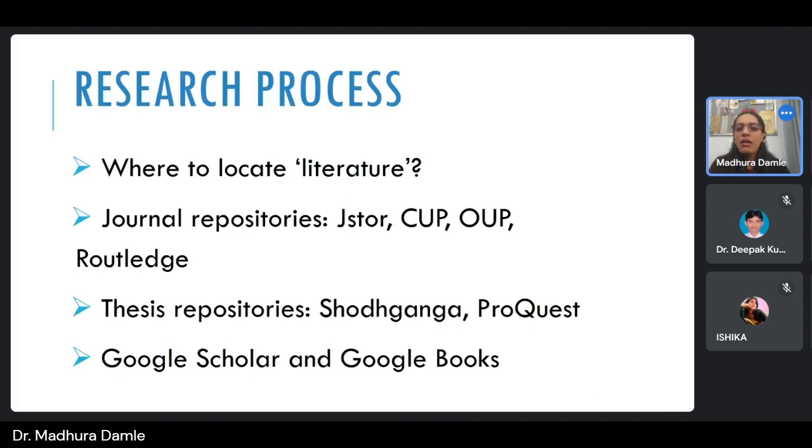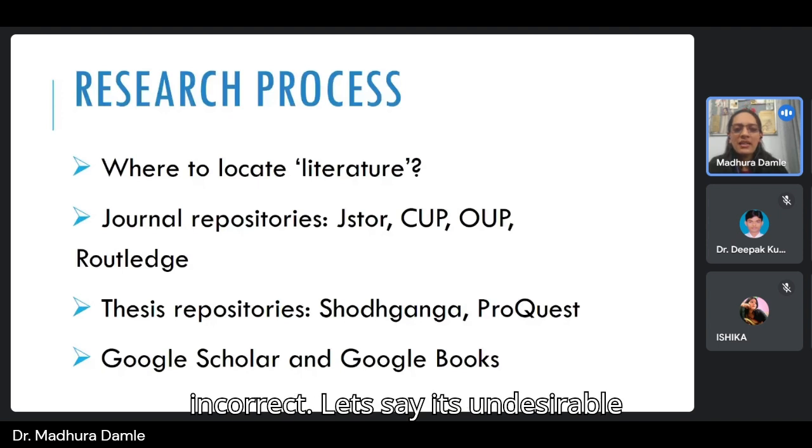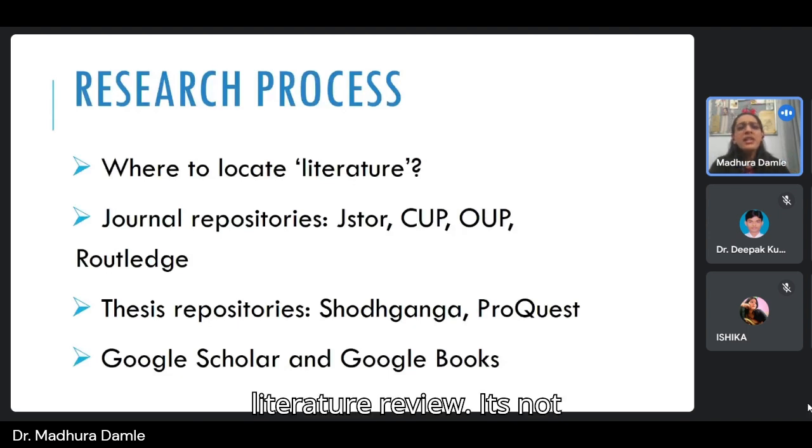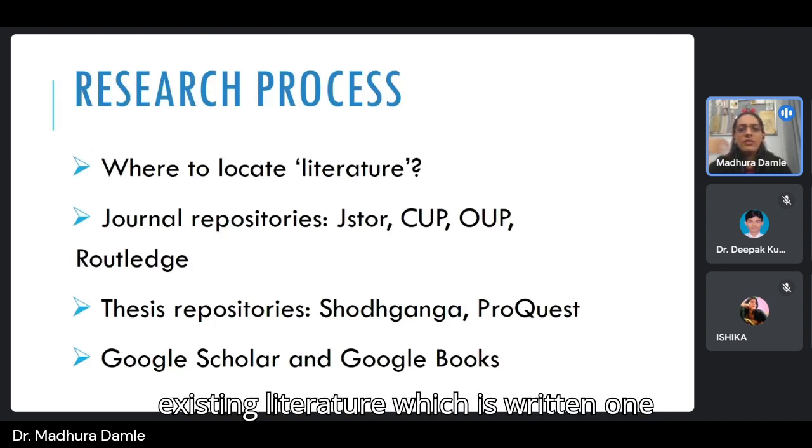This is an incorrect, or not very, I mean, I wouldn't say incorrect. Let's say it's an undesirable way of writing a literature review. A literature review is not just a summary of existing literature written one after another.